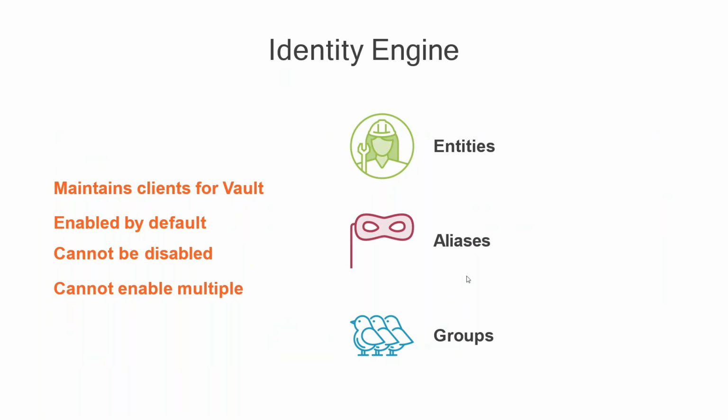This is enabled by default and you cannot disable it. This engine is primarily used for the client's records, and you cannot enable it multiple times. It has entities, which can be your user, AppRole, or token, whatever it is, and aliases and groups.